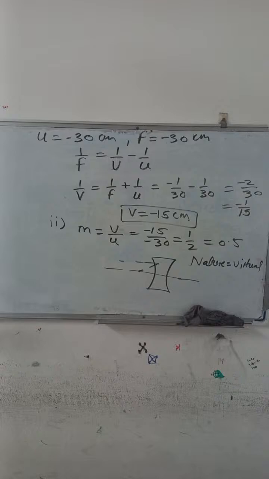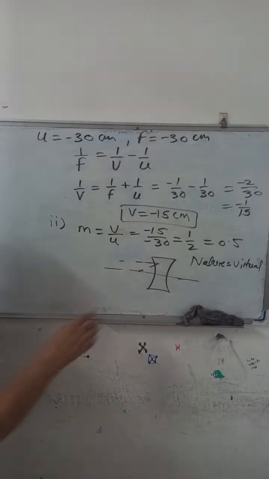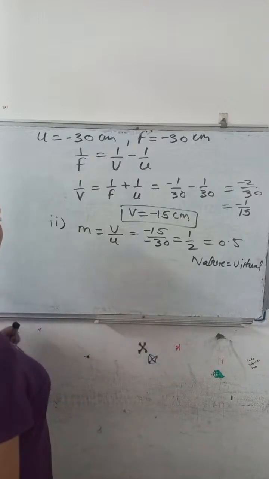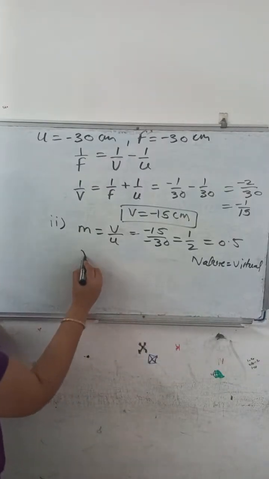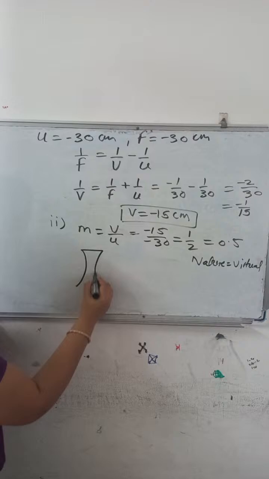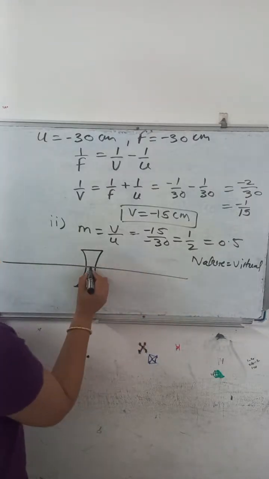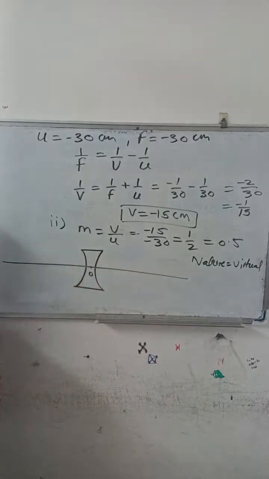Okay, draw the ray diagram for this question. Concave lens is given, so here I will try to draw it. This is the concave lens, this is the principal axis, optical center.